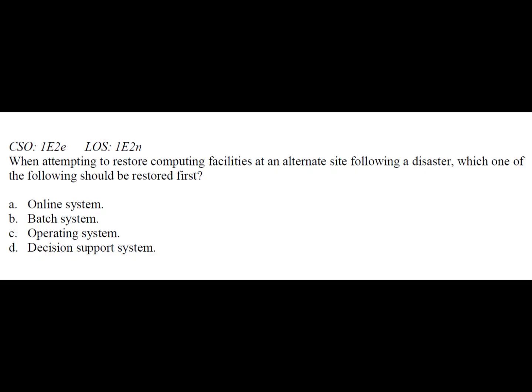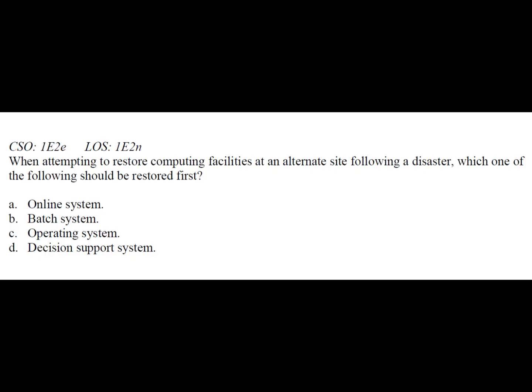A. Online system. Incorrect. Online transaction processing systems are critical but cannot operate until the basic computing environment has been restored. B. Batch system. Incorrect. Batch processing applications also depend on the operating system and supporting software before they can run. C. Operating system. Correct.